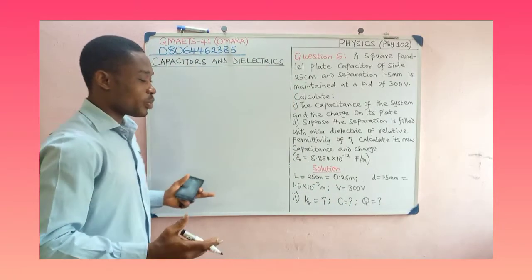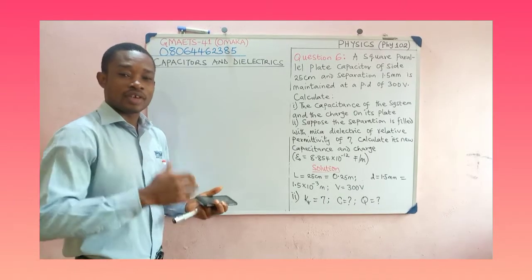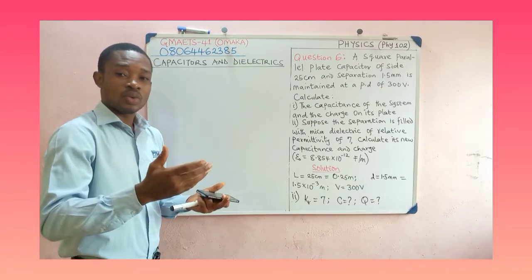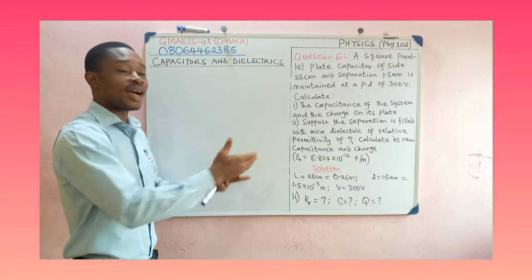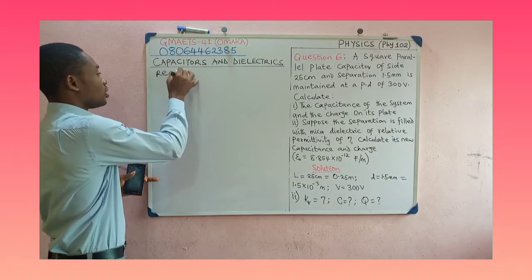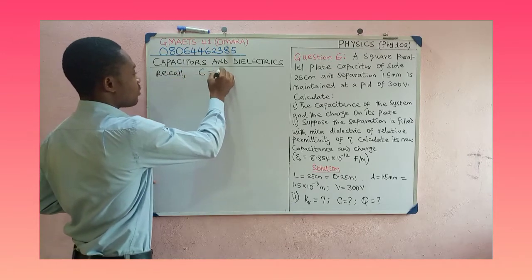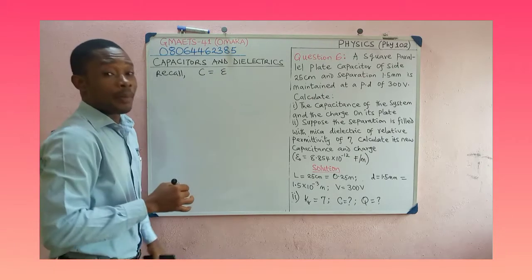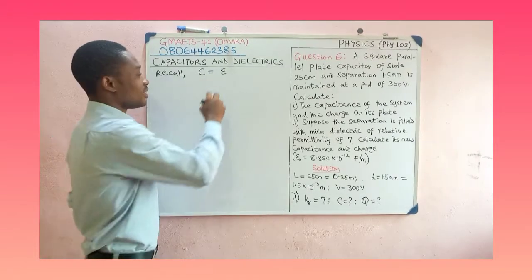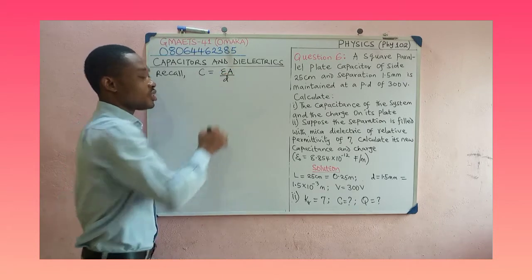Alright? So it's pretty simple. It's just for us to replace the permittivity of free space with the permittivity of this dielectric material, which is mica. So we're going to recall that given a dielectric material, capacitance is given as the permittivity of that dielectric times area divided by the distance.